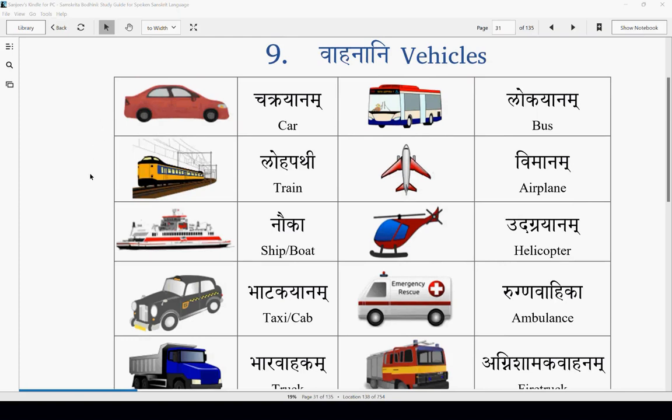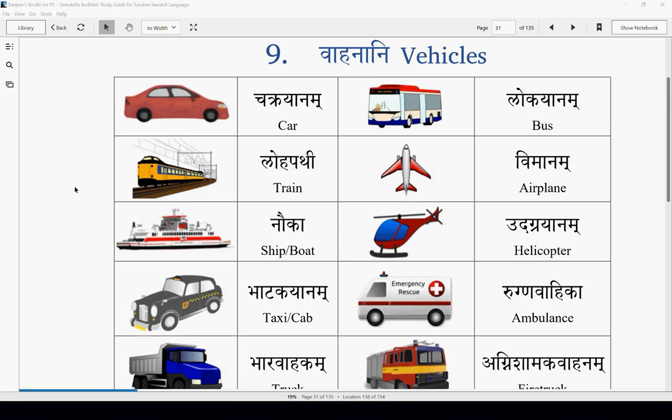However, in some of our Sanskrit synonym books, like Amarakosha, etc., Chakrayanam has been used for the chariots or coaches which are used for leisure, not for war.